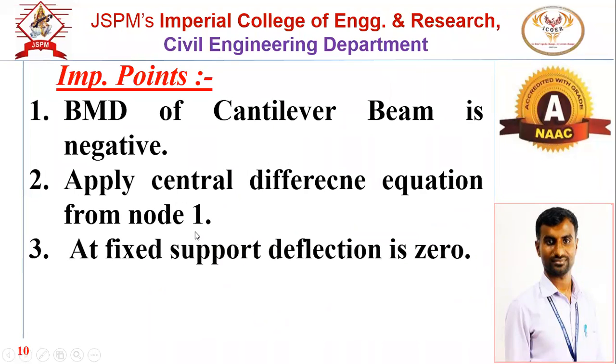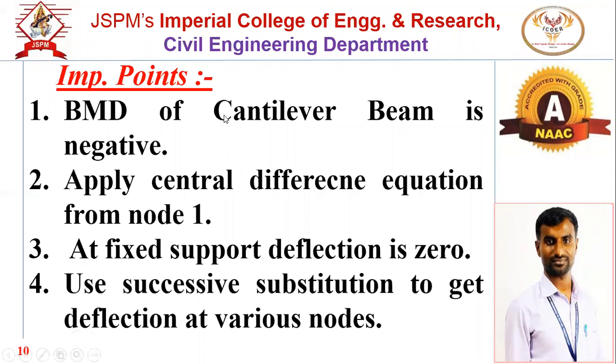The next point: deflection at fixed support is 0. At each and every support, deflection has to be 0. That point we have to remember. And here we have to use successive substitution. It means if you apply this central difference equation for node 1, then you will get the value of, suppose, y2. If you get the value of deflection at node 2, then that value of y2 we have to put in the next equation.